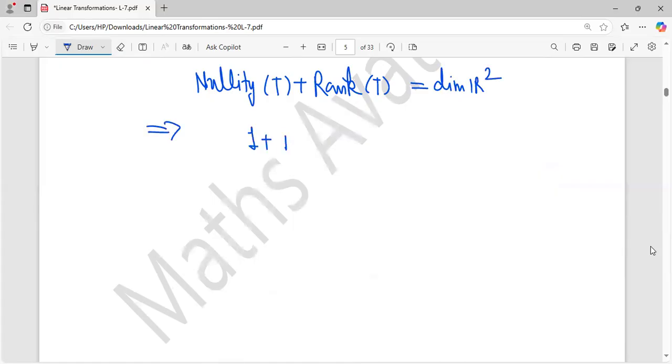Nullity is 1, rank we need to calculate, and this is 2. So rank of T is equal to 1.